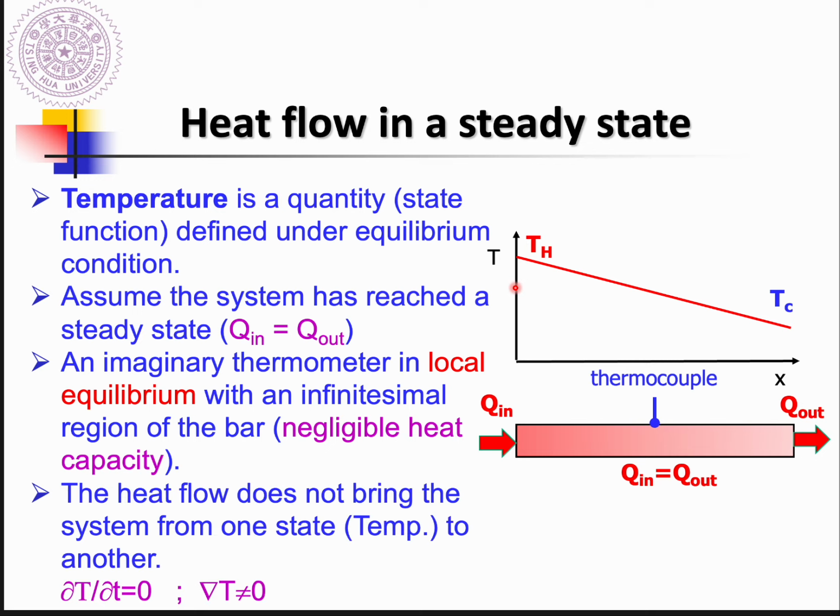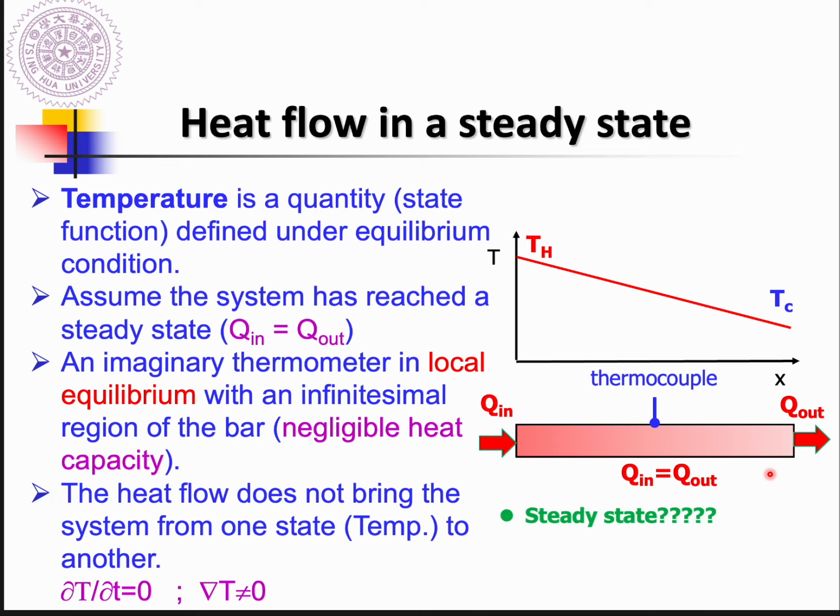Okay? The heat flow does not bring the system from one state to another. This means the temperature profile does not change with time, but the driving force still exists, right? A temperature gradient is applied on this system.